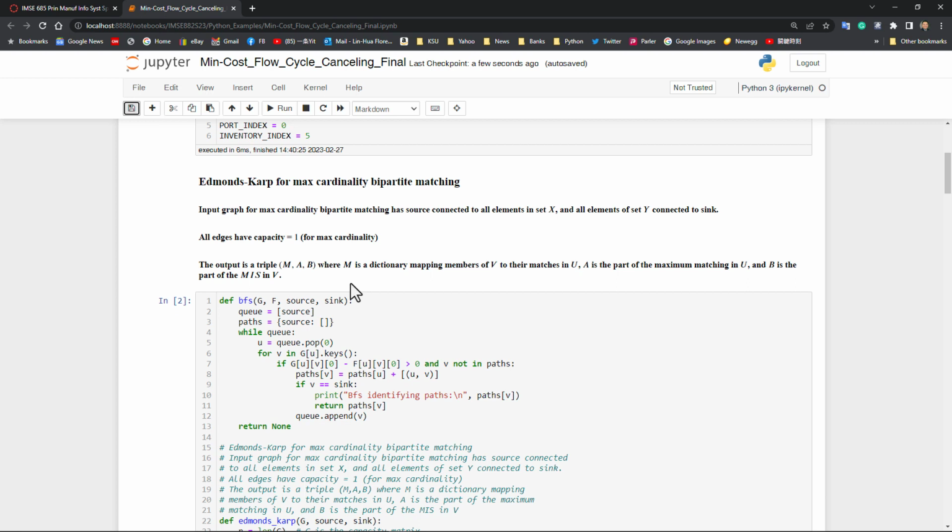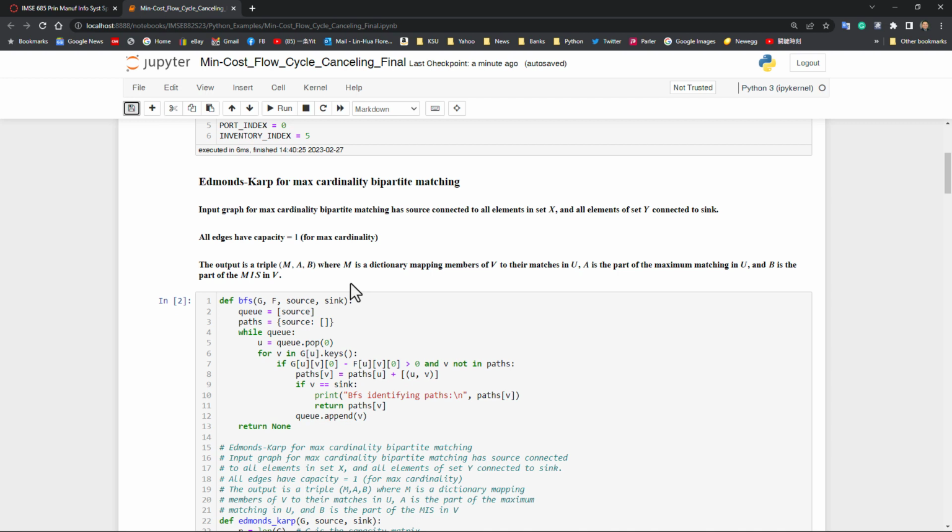And why we're talking about maximum cardinality bipartite matching here is that the algorithm can be used for solving the regular maximum flow problem, but here we're assuming all the edges have capacity 1. That's why we can find the best maximum cardinality matching.